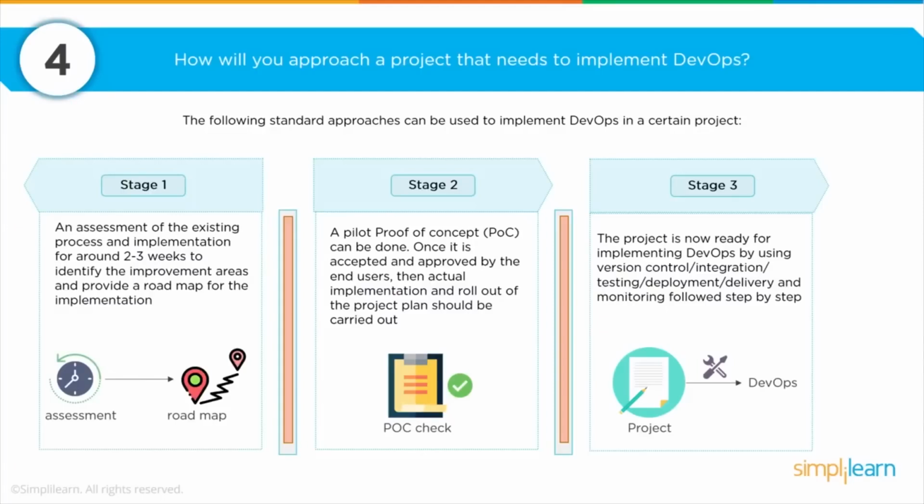That second stage, and this often comes as a fast follow to stage 1, is actually proving out that concept. So developing a proof of concept. And a proof of concept can actually be multiple different things. It could be something as simple as a wireframe, or it could be something as complex as a mini version of the final application.